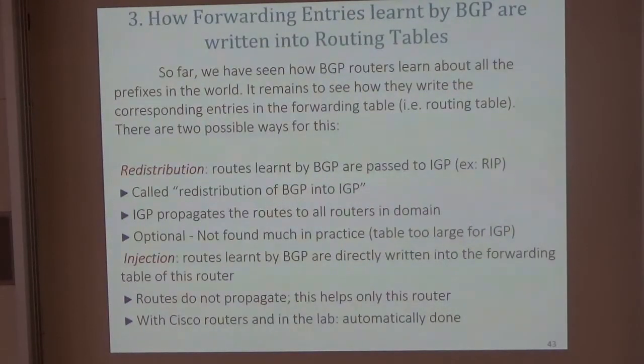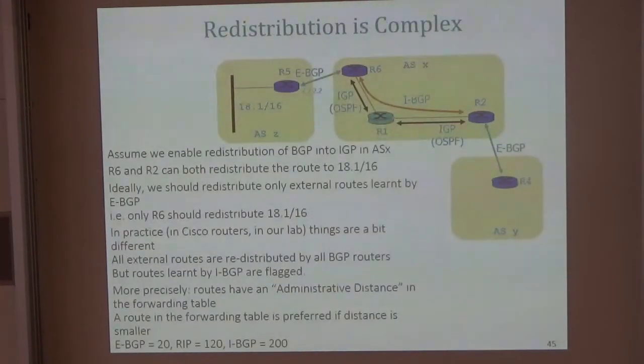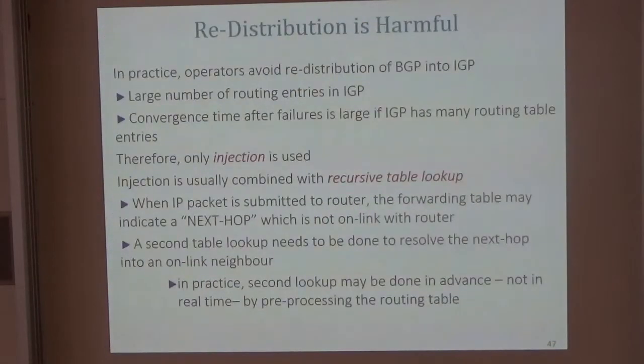They can do redistribution, which means that the interior gateway protocol, the routing protocol inside the domain, can propagate the routes that are learned by BGP. You will study that in detail in the lab. What we have seen last week is that it works only if your interior gateway protocol is able to handle it, which in practice is often not the case because the number of prefixes that are injected may be very large.